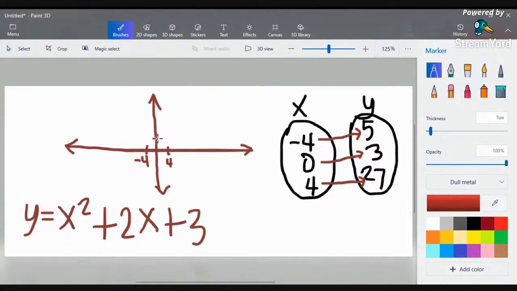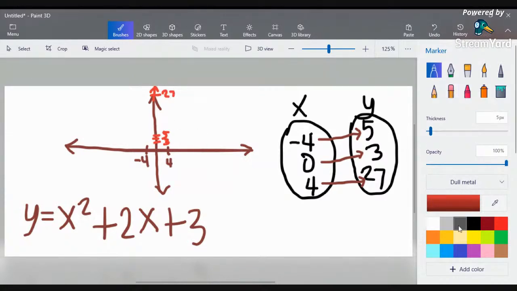This is your 5, this is your 3, and 27. If you extend it, we have 27 here.